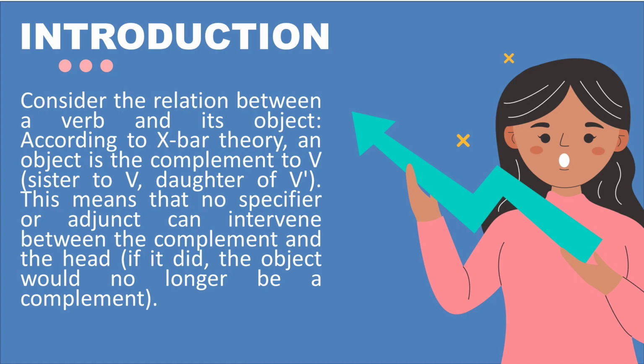Consider the relation between a verb and its object. According to X-bar theory, an object is a complement to V, sister to V, daughter of V. This means that no specifier or adjunct can intervene between the complement and the head. If it did, the object would no longer be a complement.